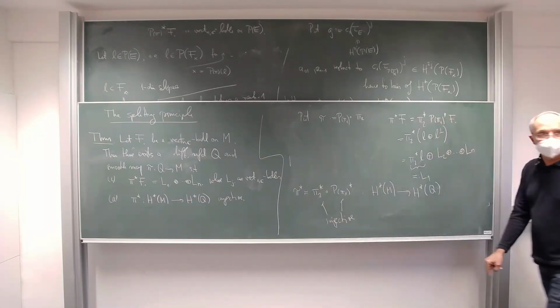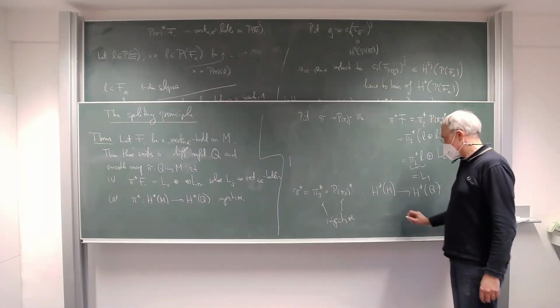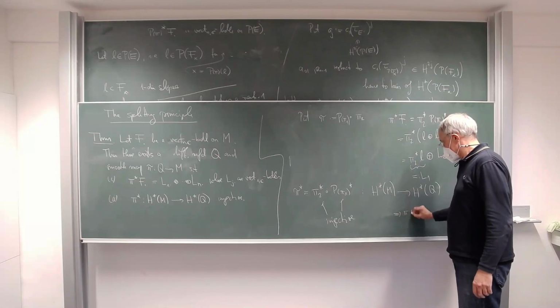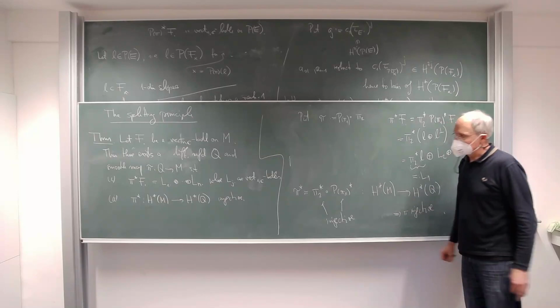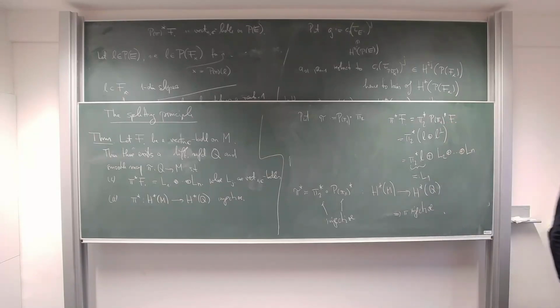A composition of two injective maps is injective. And this proves the splitting principle. So this is how it works. Now we see the construction: Q is really constructed explicitly out of the bundle. It's a geometric construction. It's not just some existence fact.